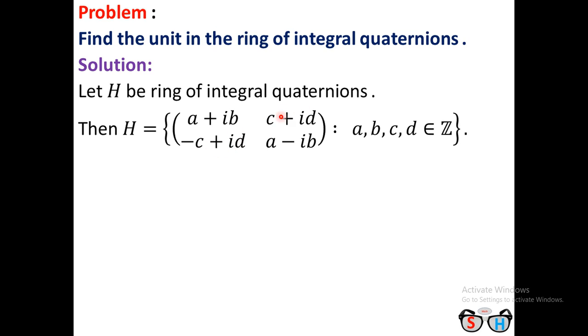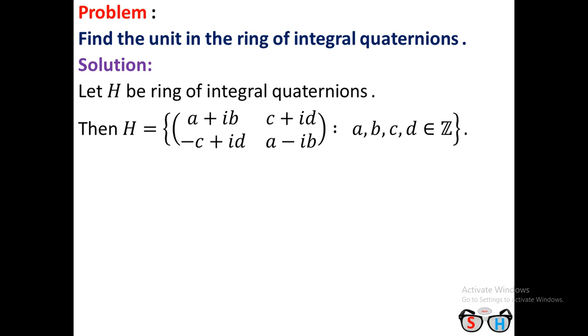Here the two elements are complex numbers with the same imaginary part but opposite real parts, that is, here this is C and there minus C. The collection of this type of matrices forms a ring with unity I2. This is the ring of integral quaternions.